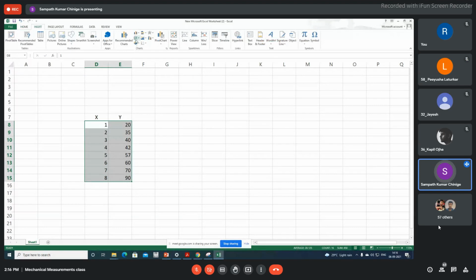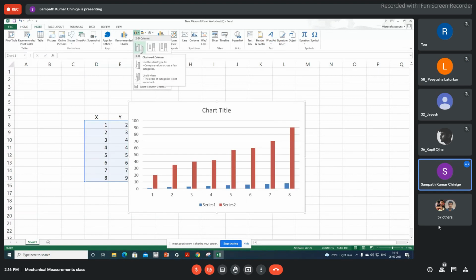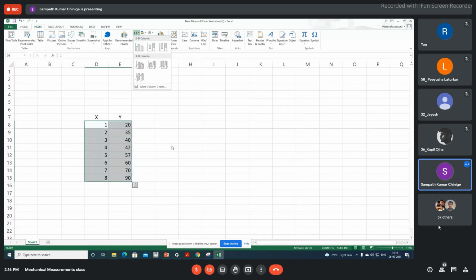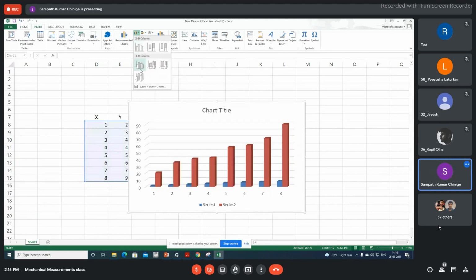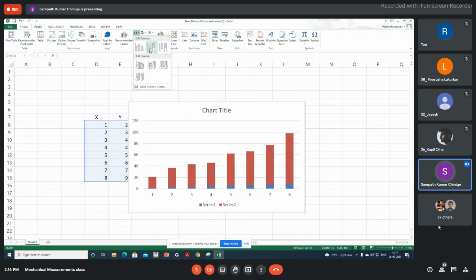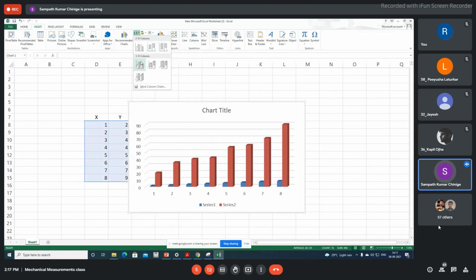So this data can be shown in many ways. This is a histogram. Each one will be different. For one you have one value, for two it's a 3D column, a single column, which will tell you what those values are. You can see what you are getting on the y-axis and on the x-axis. There are different ways you can plot this.